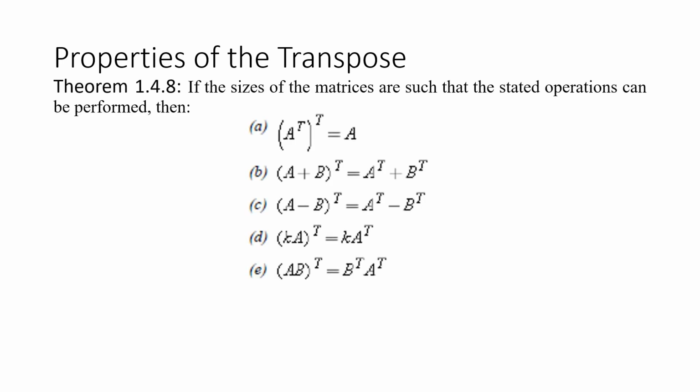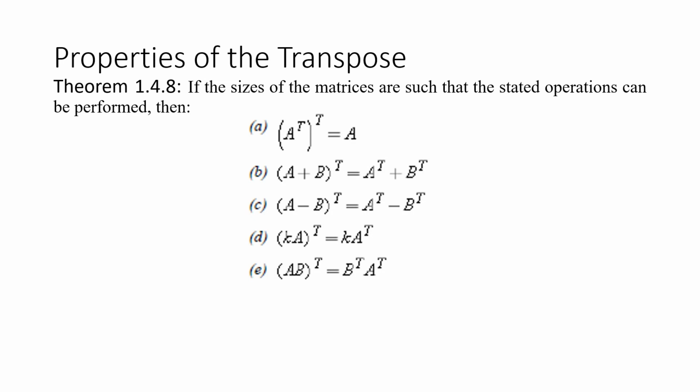If you keep in mind that transposing a matrix interchanges its rows and columns, then you should have little trouble visualizing the results from A to D. For example, part A states the obvious fact that interchanging the rows and columns twice leaves a matrix unchanged.